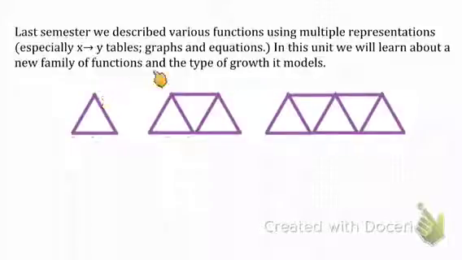Last semester, we described various functions using multiple representations, especially x, y tables, graphs, and equations. In this unit, we will learn about a new family of functions and the type of growth that it models. Okay? So if we take a look at this pattern here, what is happening to it?